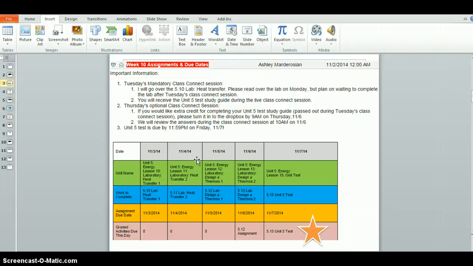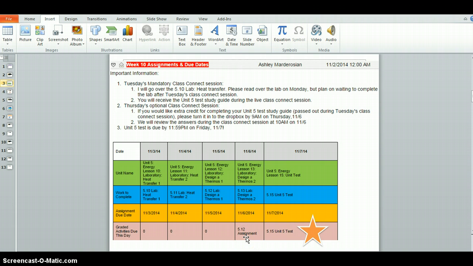But I just want to draw your attention back here to make sure that you are completing the lab today. Again, you will not have to turn anything in for it, as you see down here, but you will use these results from this lab to design your thermos, and then on Thursday you'll turn in that assignment.